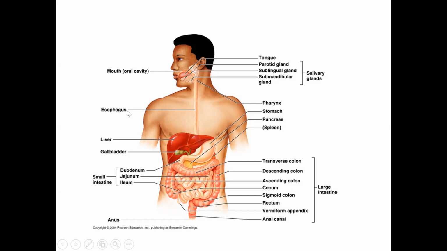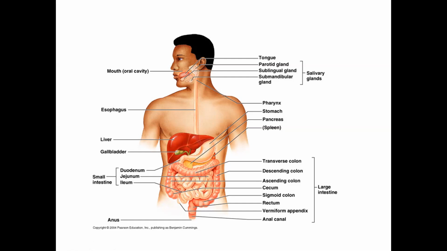The very last inch of the esophagus penetrates the diaphragm into the abdominal cavity and connects to the stomach. And then the stomach is connected to the small intestine. The small intestine has three parts. The first part, which connects to the stomach, is called the duodenum. The duodenum is very, very short.